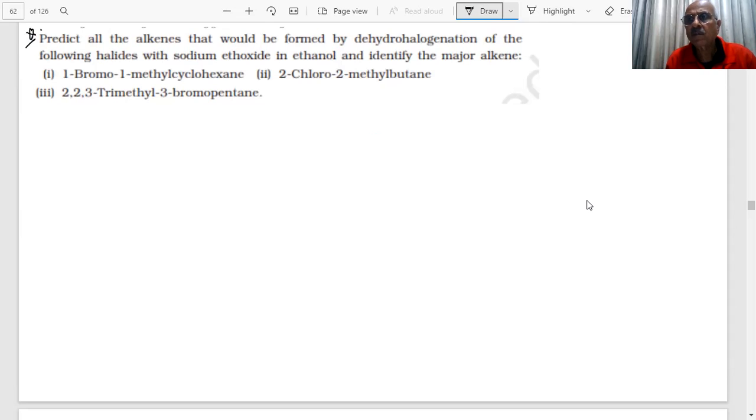Two years back also, one of the questions was put up in the paper. What reaction are we talking about? Dehydrohalogenation, beta elimination. Hydrogen goes from the beta carbon, and halogen from the alpha carbon.